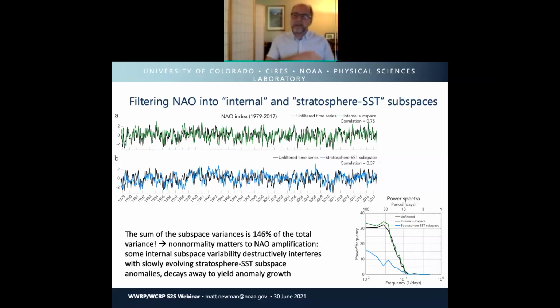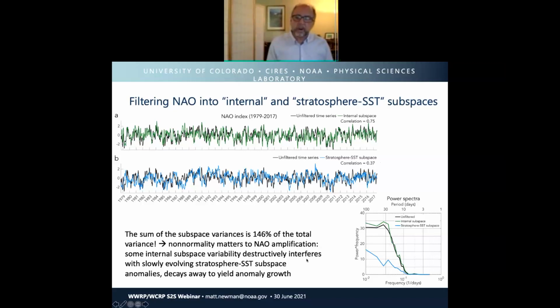And what that means is that although the eigenmodes span the space of the system, when you look at the variance of each subspace, because they're non-orthogonal, you can add up individual subspaces to get an anomaly, but you cannot add up the square of each subspace to get the total square of the anomaly. In other words, the variance of each subspace added together is going to give you more than the total variance.